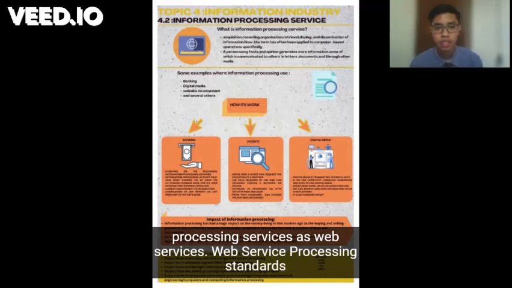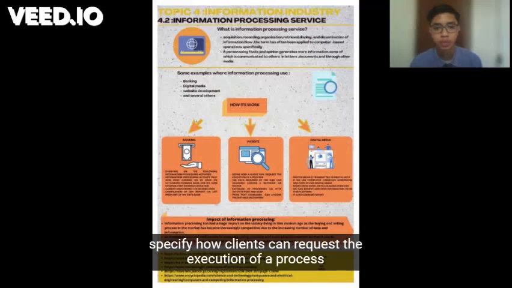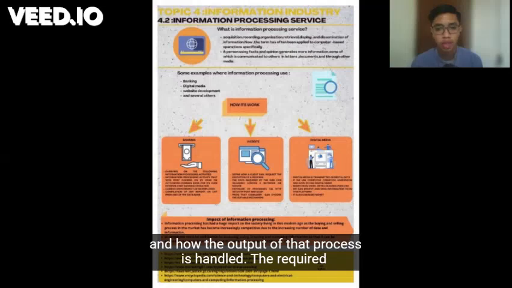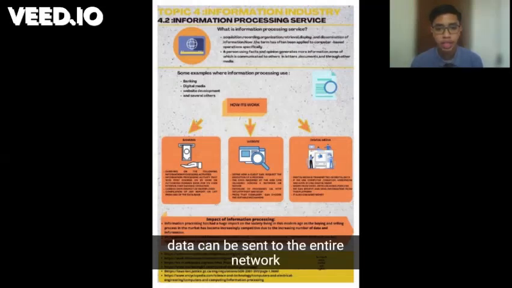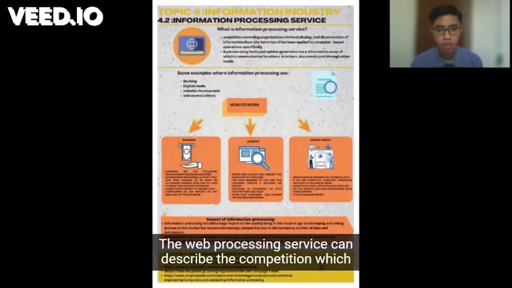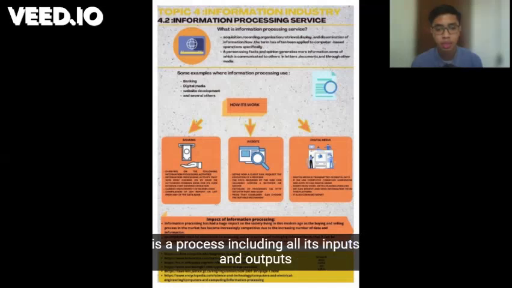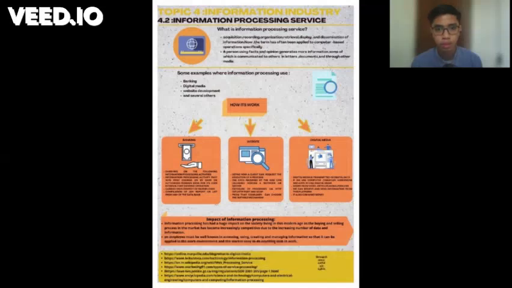Web service processing standards specify how clients can request the execution of a process and how the output of that process is handled. The required data can be sent to the entire network. The web processing service can describe the computation, which is a process, including all its input and output.